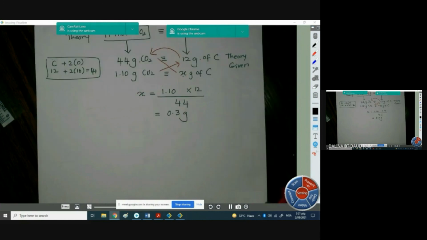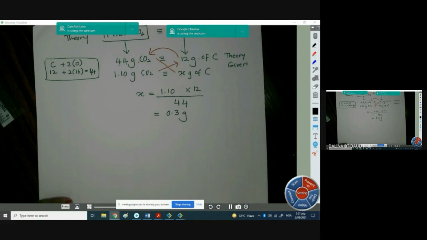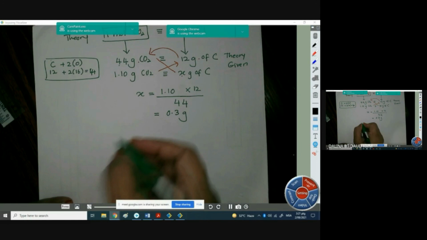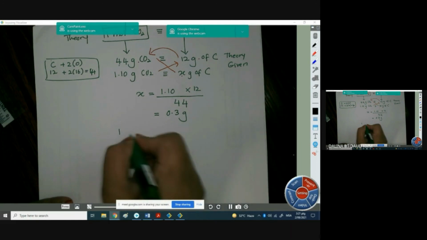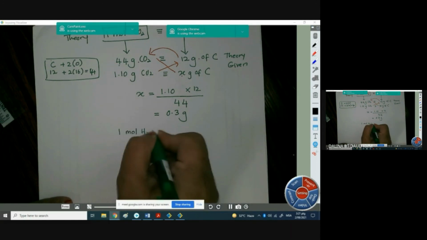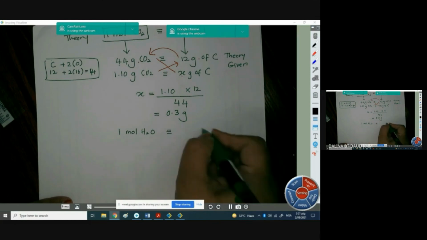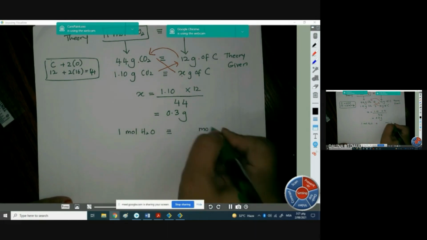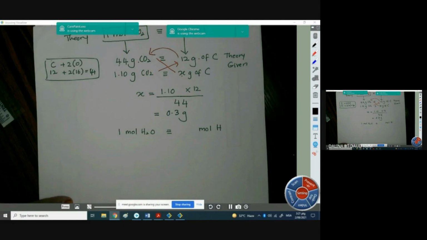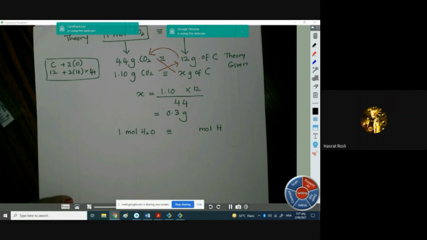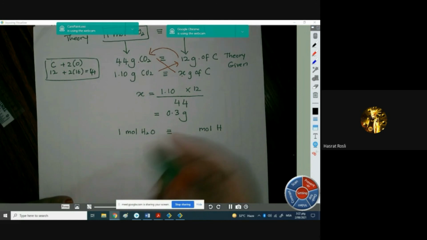Okay, we can find out the mass of hydrogen in water. So according to the theoretical 1 mole of water, it will equivalent how many mole of hydrogen? One. Two, sayang.